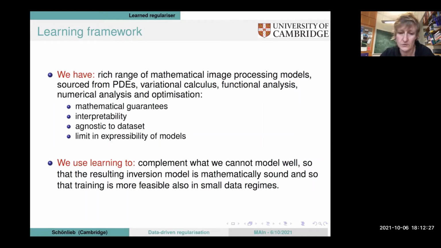I have been working with variational regularization models for more than 10 years, and I think they are very powerful for various reasons. One is that we have a mathematical analytical handle on them. We know what to tweak and how to set them up, so we get a well-posed model in the end.